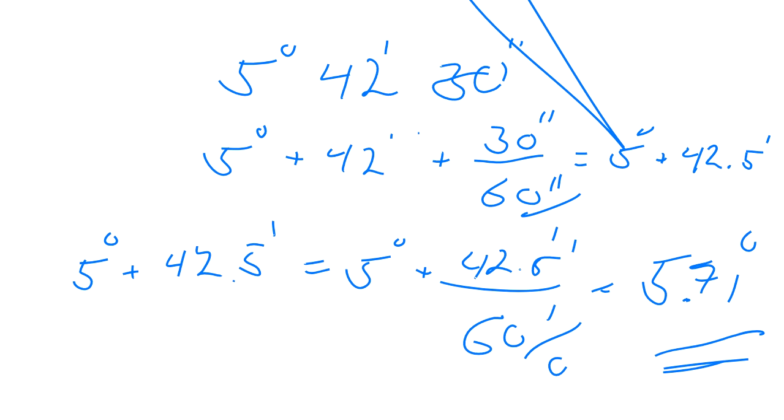Also, pi over 4, pi over 3, pi over 6: pi over 4 radians is 45 degrees, pi over 3 radians is equal to 60 degrees, and pi over 6 radians is equal to 30 degrees. Got to memorize that stuff.